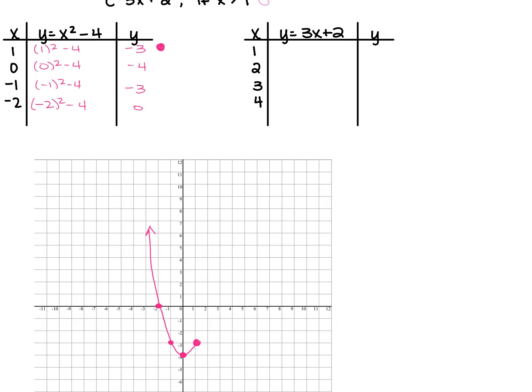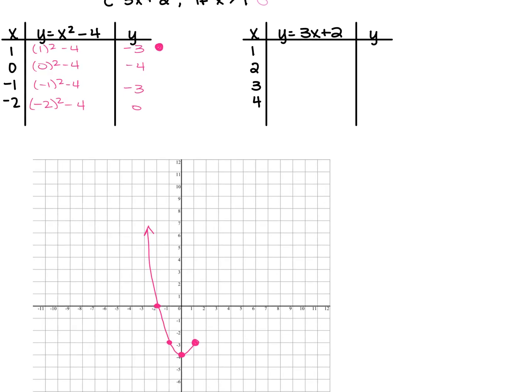From here, we're going to use those x values that are given to us and solve for y in f of x is equal to 3x plus 2, where we said that the x for this one was greater than 1. So we're going to have an open circle on whatever the ordered pair is that has 1 as the x.